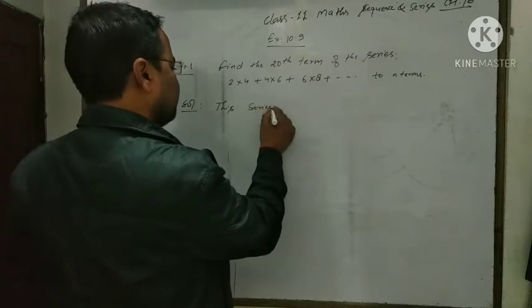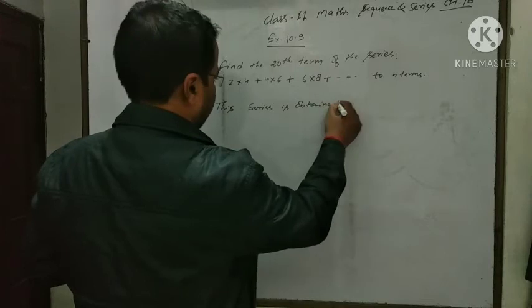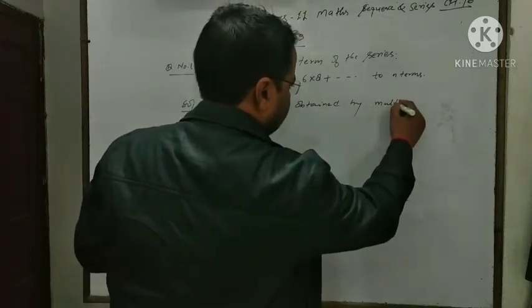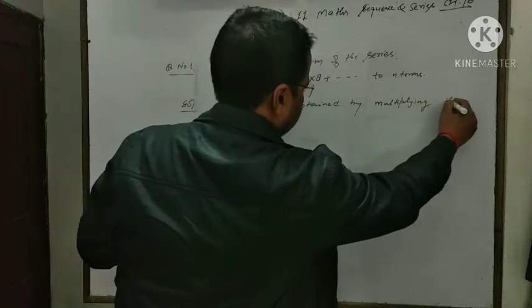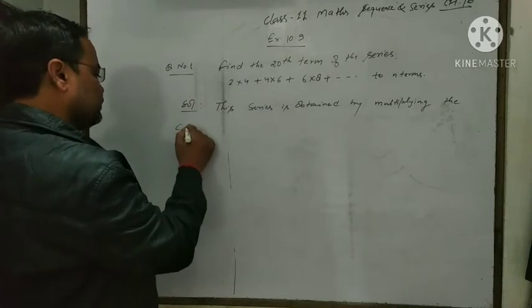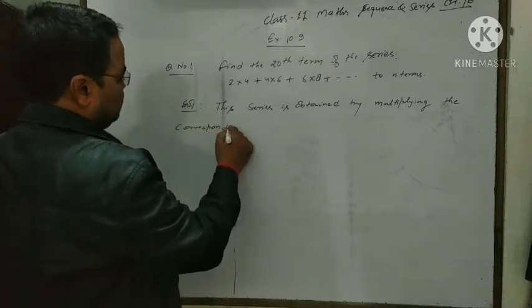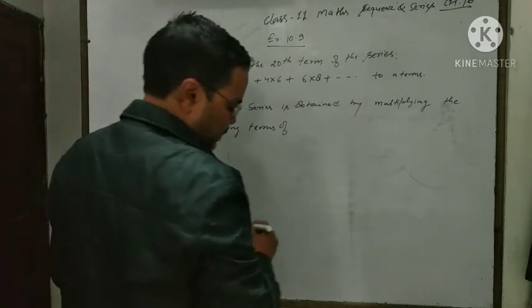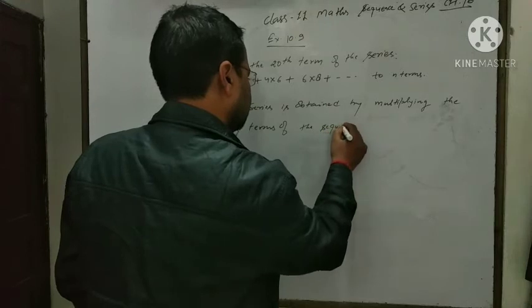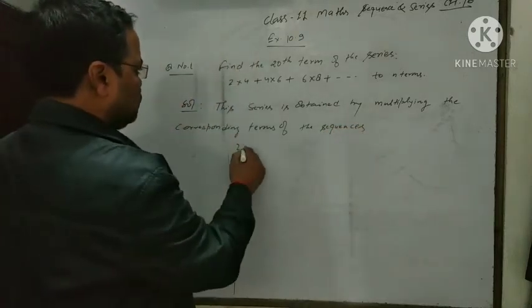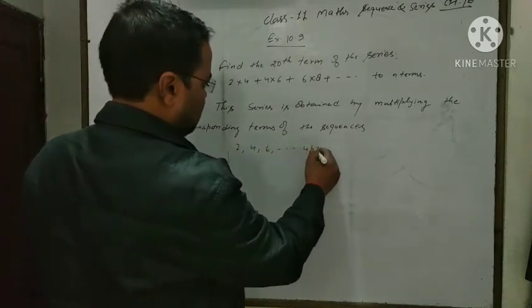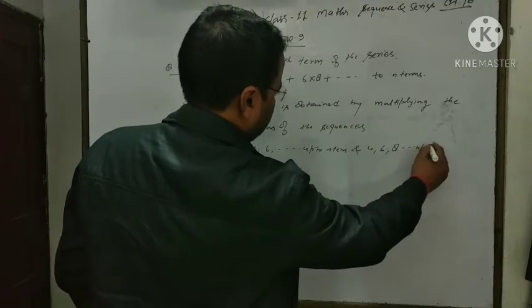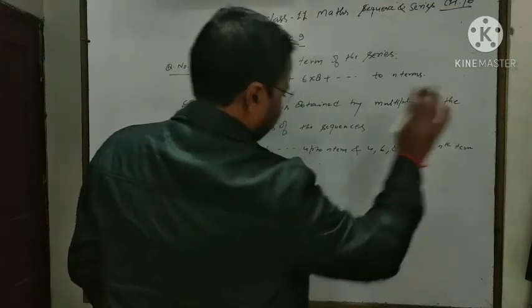This series is obtained by multiplying the corresponding terms of the sequences 2, 4, 6 up to n terms and 4, 6, 8 up to n terms.